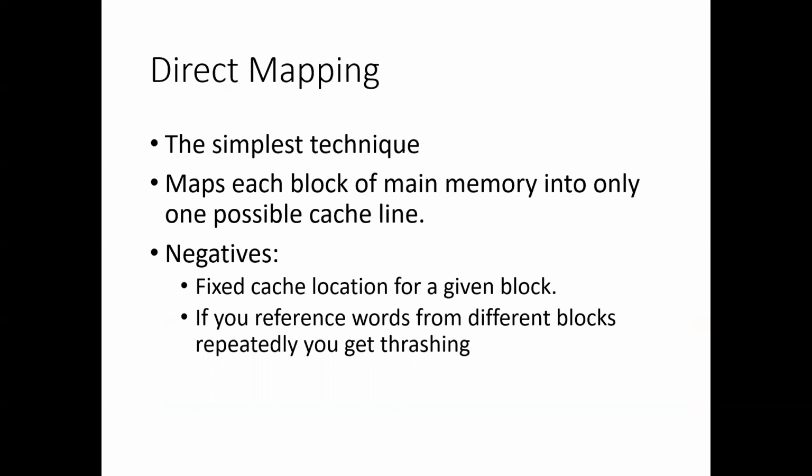So we simply do a modulus, and so we would have, say, 1000 and 1004 mapped into the first line of the cache if the modulus was indeed 4. If you reference words repeatedly, going back and forth between 1000 and 1004, you will get some thrashing. The other thing is it's a fixed cache location for a given block.